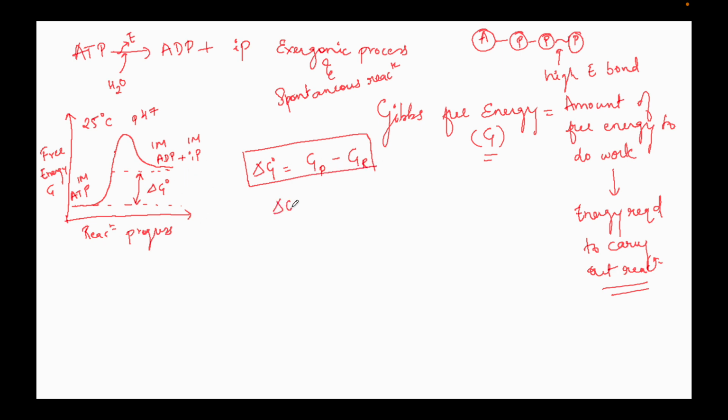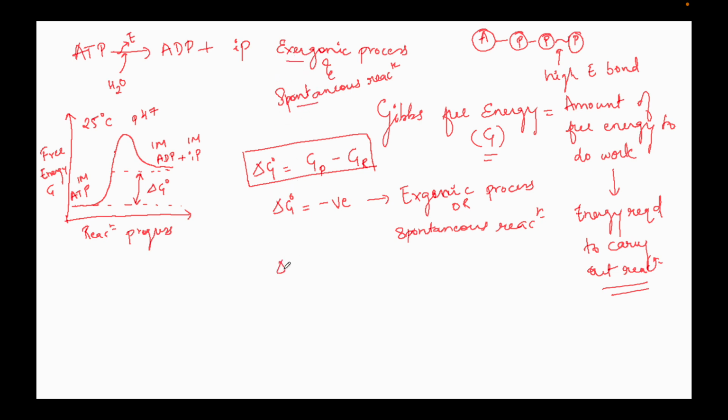So when this delta G naught is negative, it is known as an exergonic process or spontaneous reaction. As I mentioned here, it is exergonic or spontaneous.